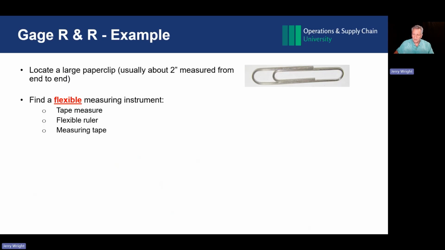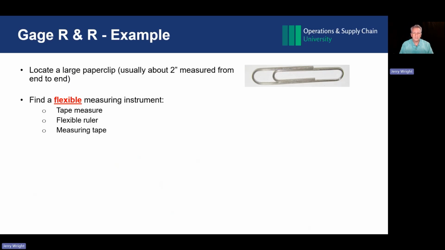So I'll show you mine. I've got a nice flexible ruler here, so I can measure curves if I need to. Or another one I like to use, this is my measuring tape. It's got inches on one side and centimeters on the other. So again, this is a nice flexible measuring device. See if you can locate those, because we're going to measure the overall length of our paper clip.